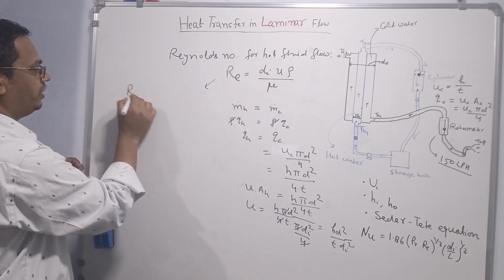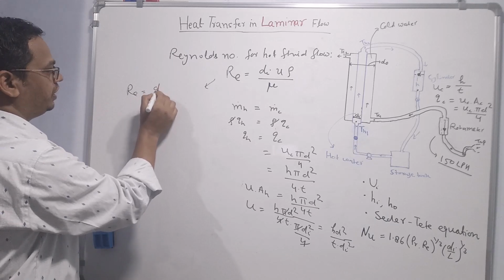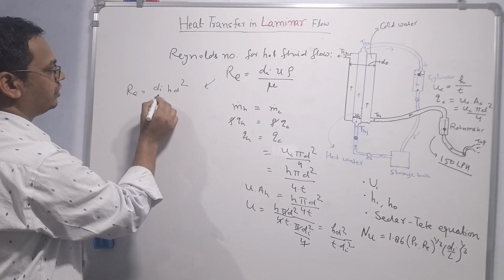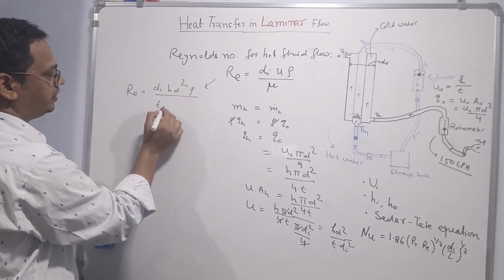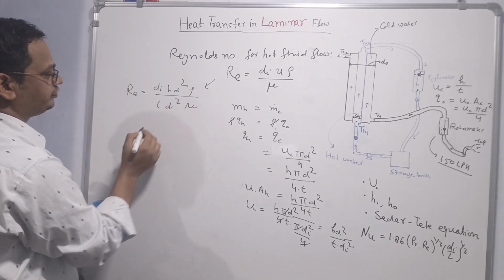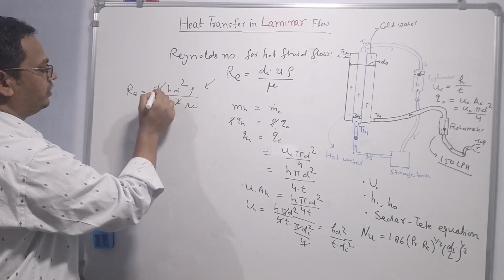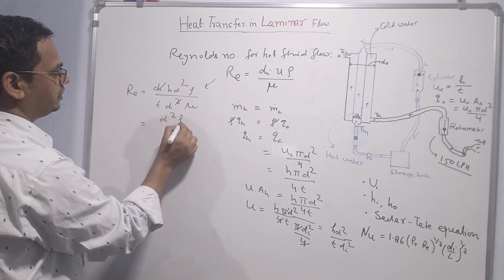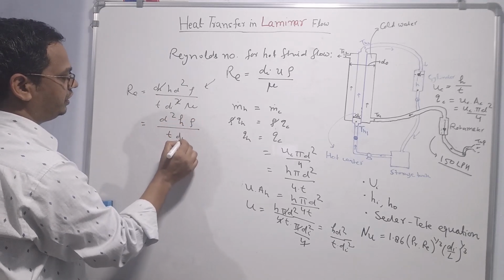So Re equals Di into h d square, rho by t Di square mu. One Di will be gone. So d square h rho by t Di mu.